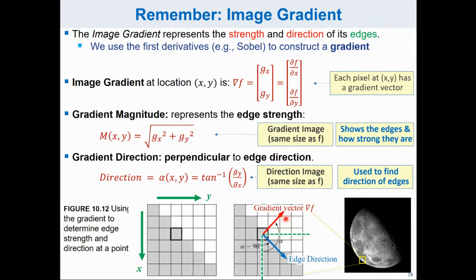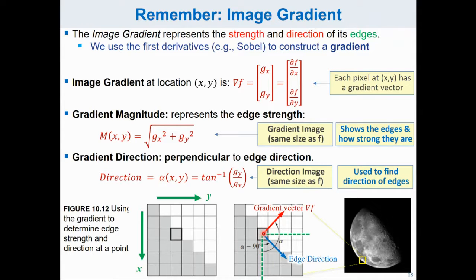If we apply that image gradient at this pixel over here, it will give me a vector. Now this vector will have a strength, and that strength is represented by m, and it represents the strength of this edge point. If it's really high, then this is a very strong edge point.